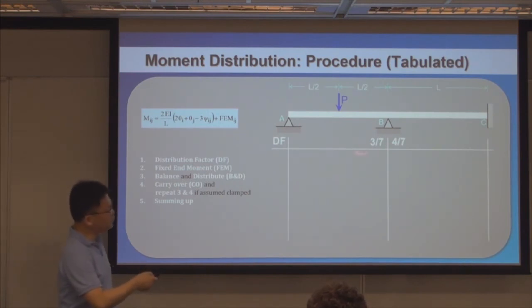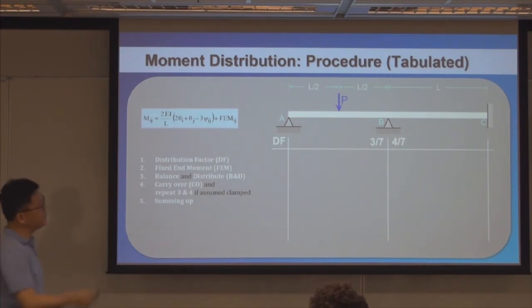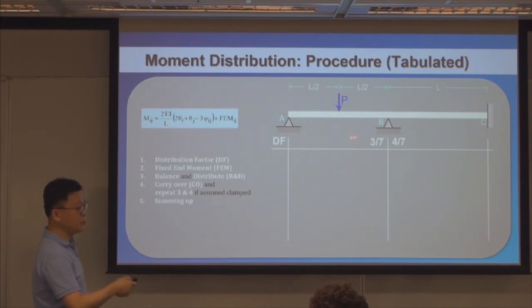Now, how do you obtain distribution factors? Why is this 3/7, this 4/7? Because the stiffness coefficient here is 3EI over L, and the stiffness coefficient here is 4EI over L. So that gives you 3/7 and 4/7 if the material properties are identical and the lengths are identical.